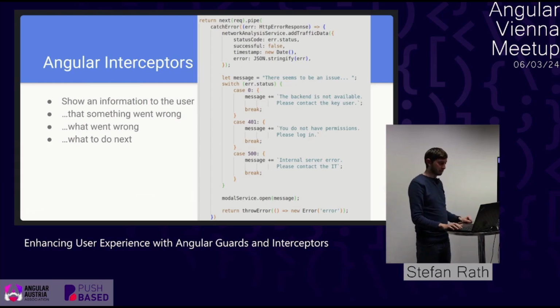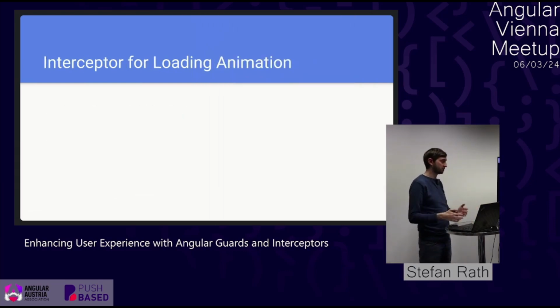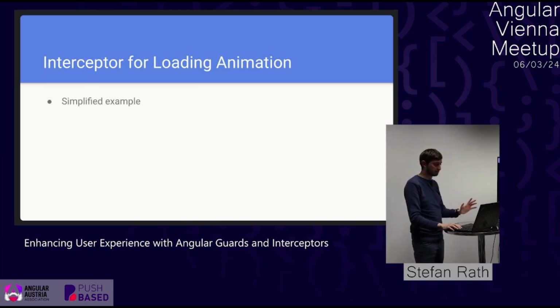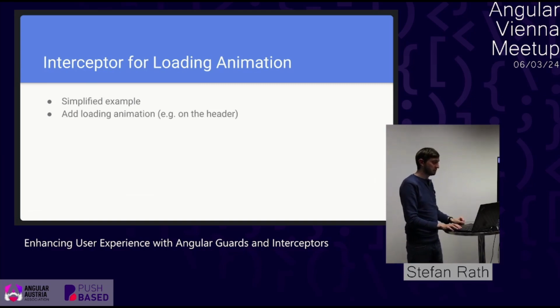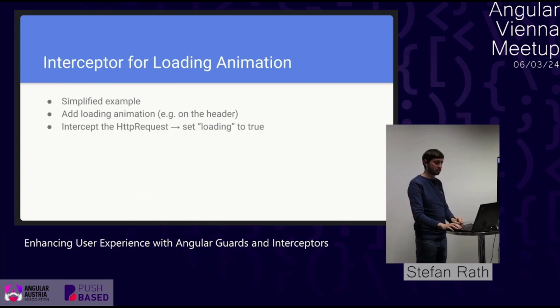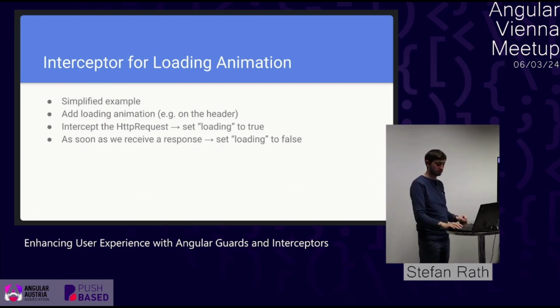I have a second example, an interceptor for implementing a loading animation, not an interceptor for the animation, but more to implement it. I have a very simplified example, and I will have the header of my website where I show a loading spinner, and it intercepts HTTP requests, and we have a service where the loading is set to true, and as soon as we receive a response, the loading is set to false.